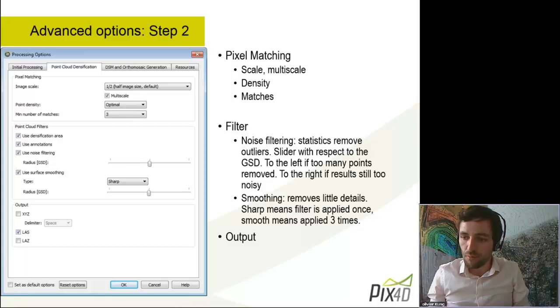From experience, most of the point-and-shoot cameras and even DSLR cameras, Canon 5D and so on, have the best results when this 1/2 image size is selected. And with most of the cameras, you will not have benefits of going into full image size when doing the processing.